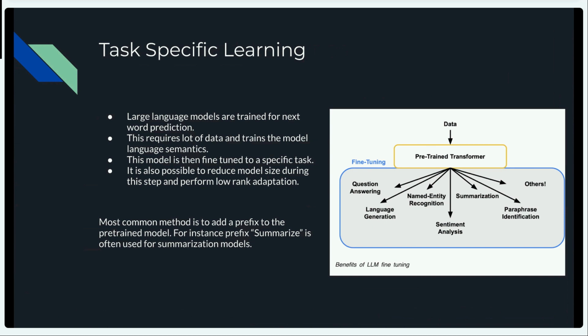What you can also do is something like low rank adaptation, where the idea is you don't train the foundational model completely. You freeze a couple of layers, and for certain layers, you basically replace the matrix weights with low rank values.